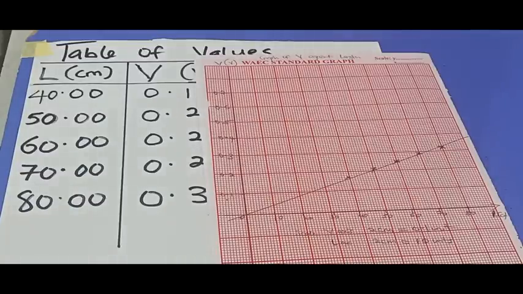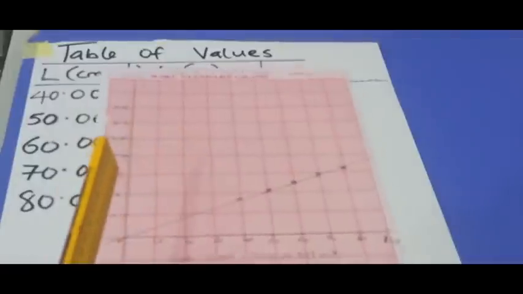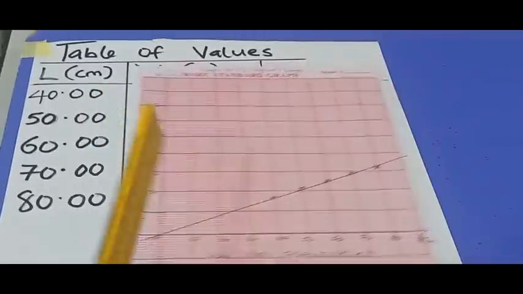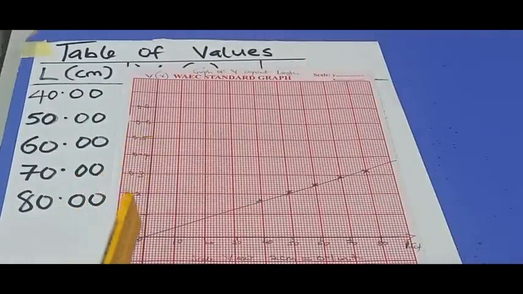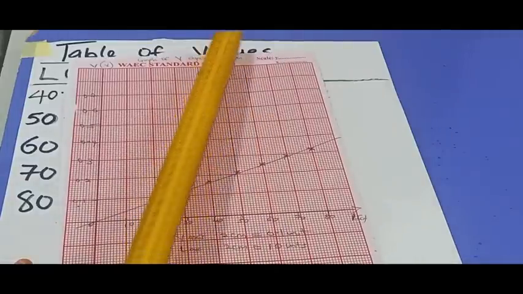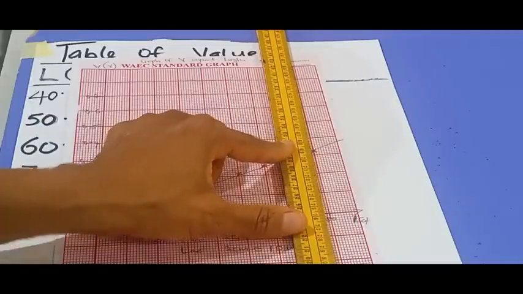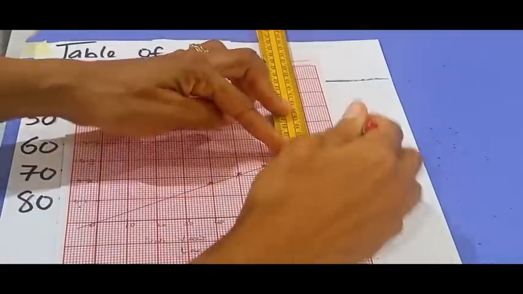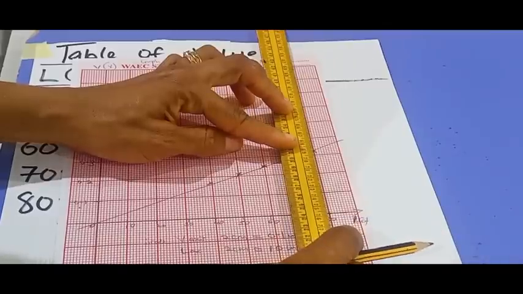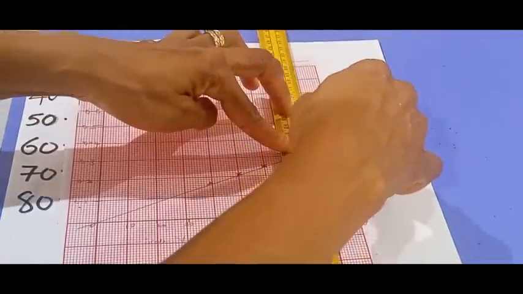Okay, so you can see the graph passing through the origin. So we can now take the slope. The bigger the triangle, the more accurate and the more you get your mark.